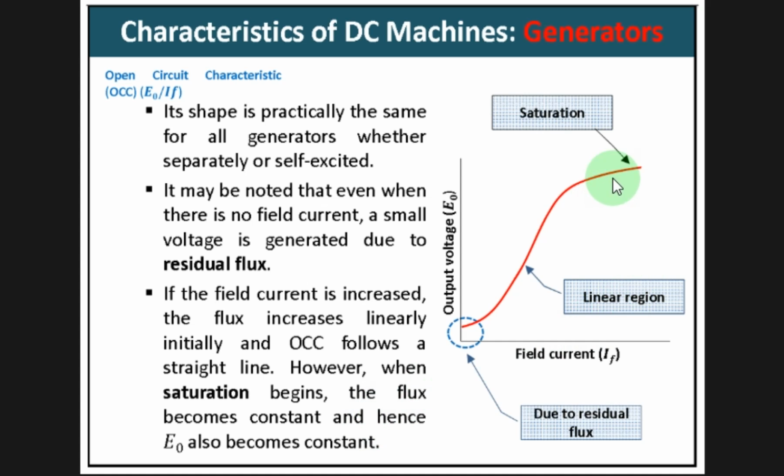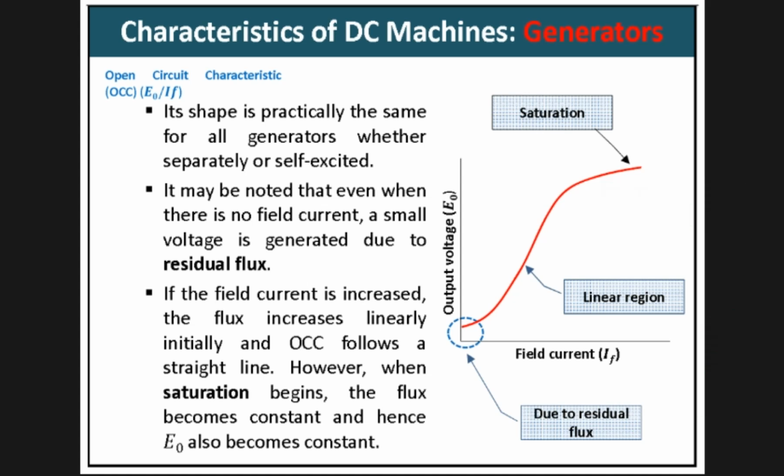This is due to constant flux, because when we learn about magnetism, we found that even though you increase the current, you can't increase the magnetic flux further. It's called saturation, like in the BH curve, BH loop, right? The same thing happens here.